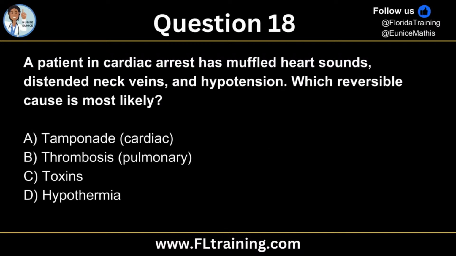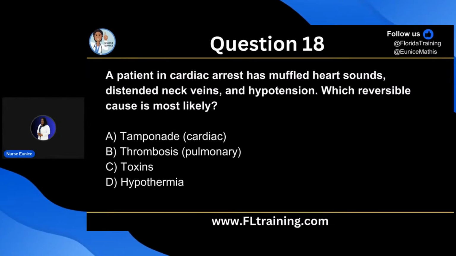Question 18. A patient in cardiac arrest has muffled heart sounds, distended neck veins, and hypotension. Which reversible cause is most likely? Is it A, cardiac tamponade, B, pulmonary thrombosis, C, toxins, or D, hypothermia?